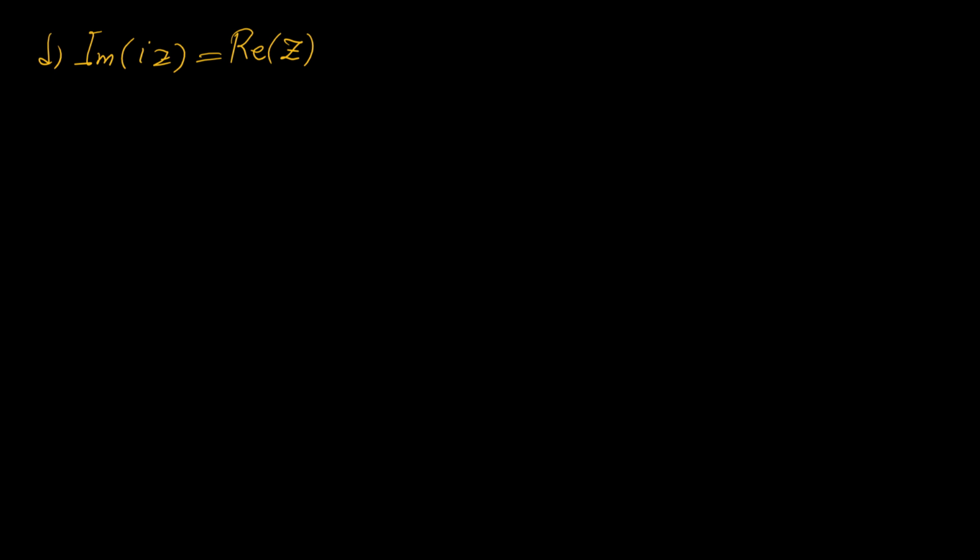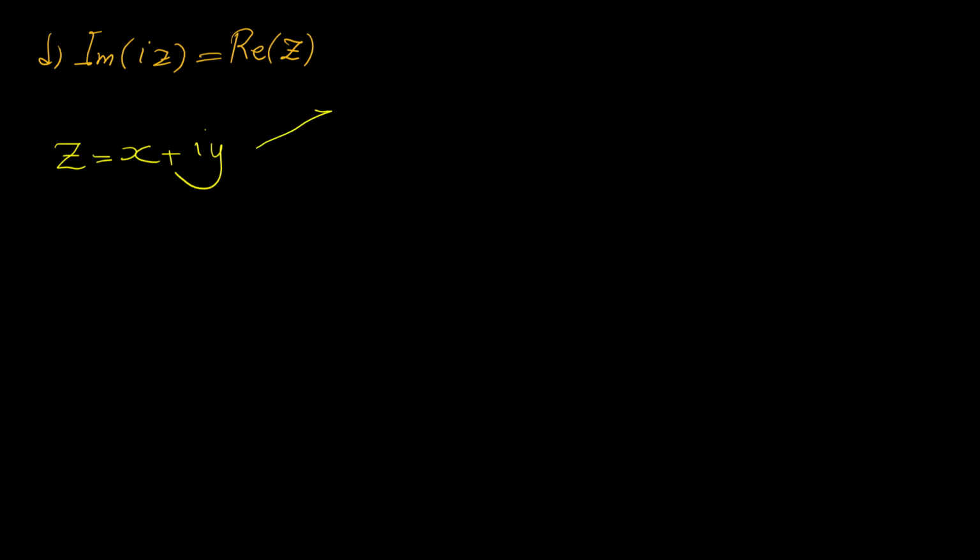Finally, we want to prove imaginary part of iz is equal to real of z. As a good exercise, you can pause the video here and try to prove this by yourself. How do we prove this again? We suppose z to be equal to x plus iy.